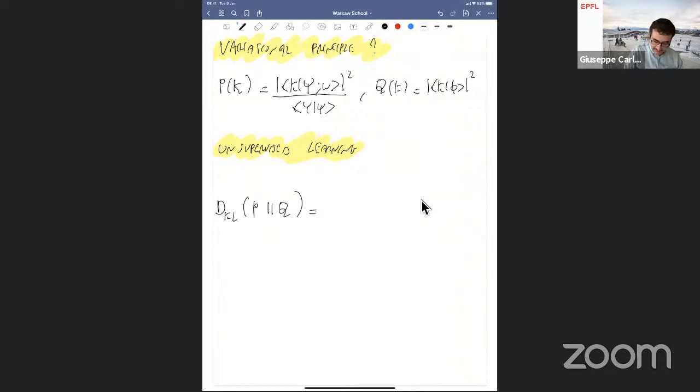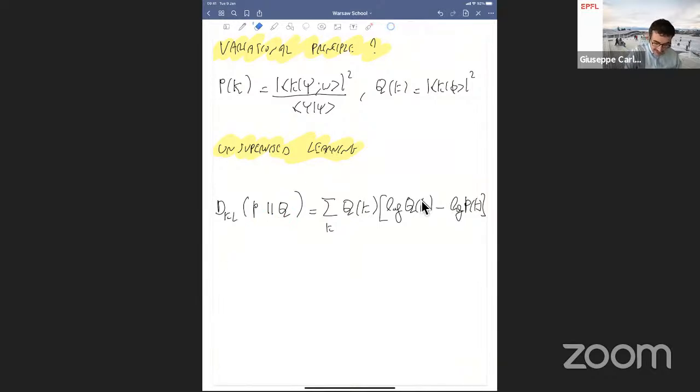Okay, so the definition is just the sum over K of Q of K, which is my exact probability distribution, times log of Q of K minus the log of P of K, which is my approximate object. And you see that this DKL, this pseudo distance between these two probabilities, depends parametrically on the weights, because again this P now depends on W. And we know that this DKL is equal to 0 only if these two probabilities are identical.